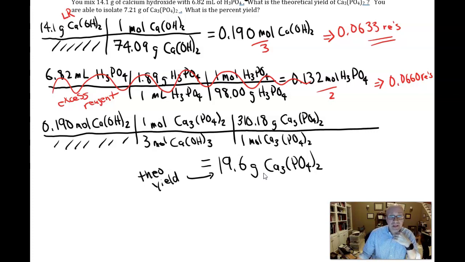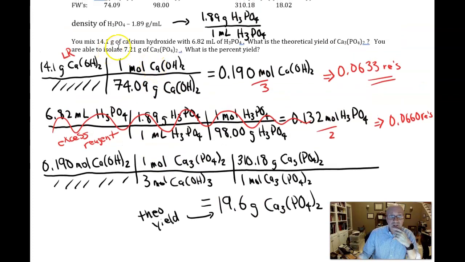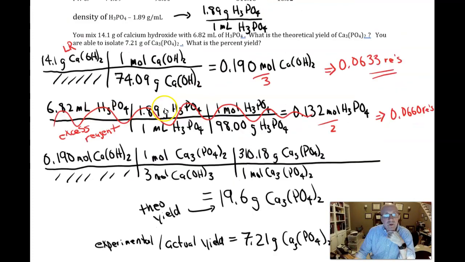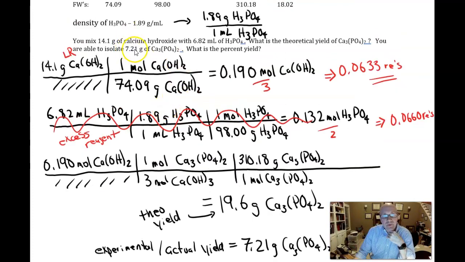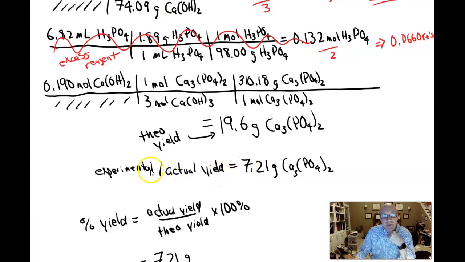What this question asks us to do eventually is to calculate a percent yield, because it gives us the actual yield that we have. Again, this number right here is our experimental yield, sometimes also called an actual yield.